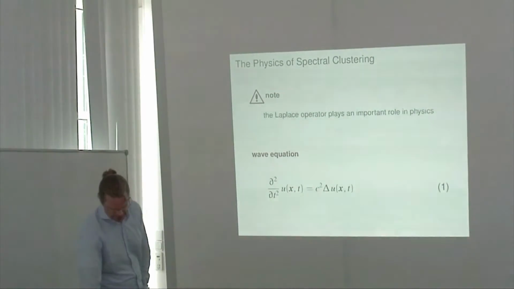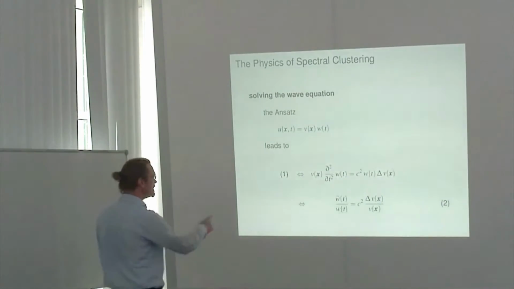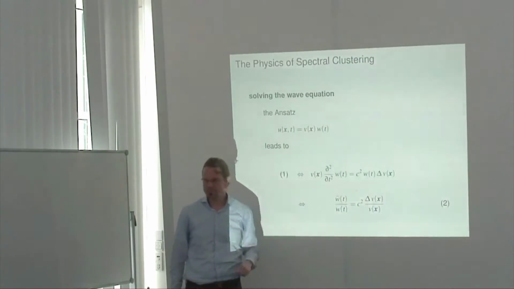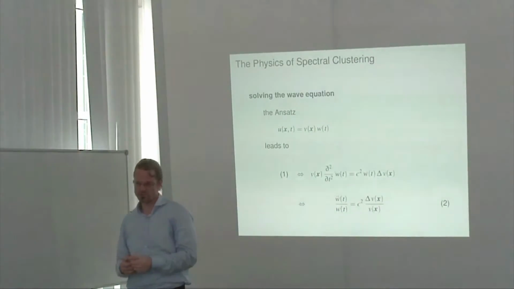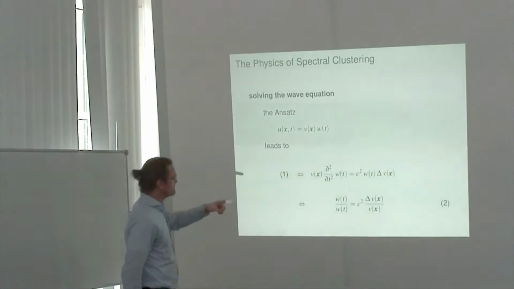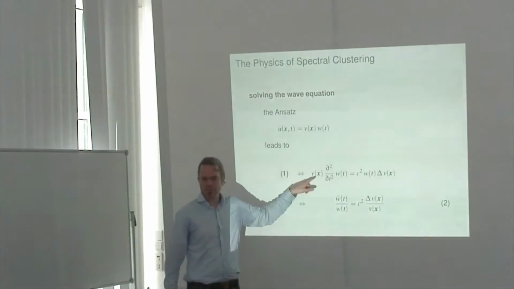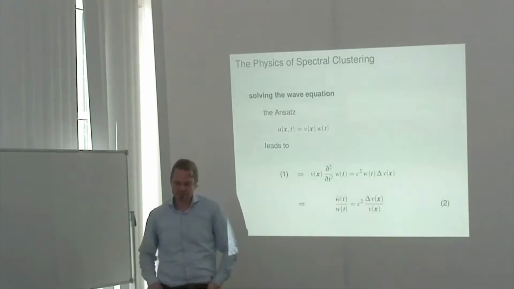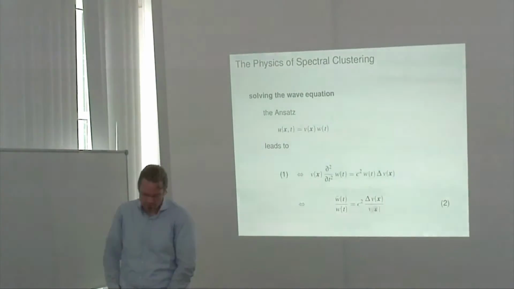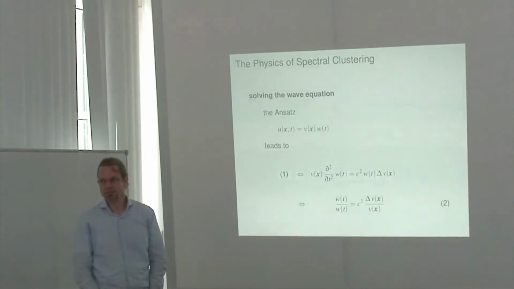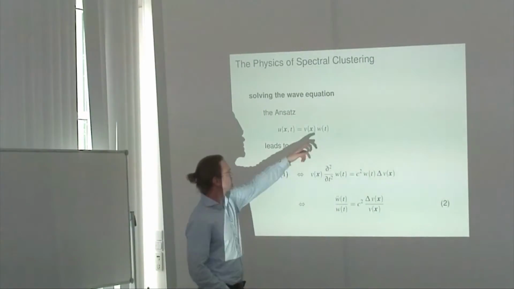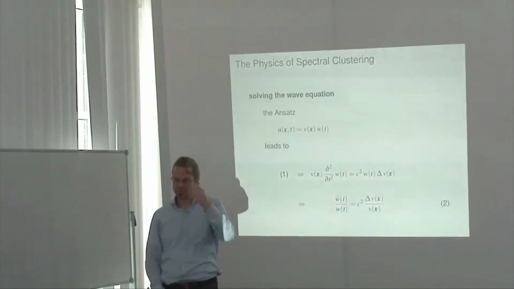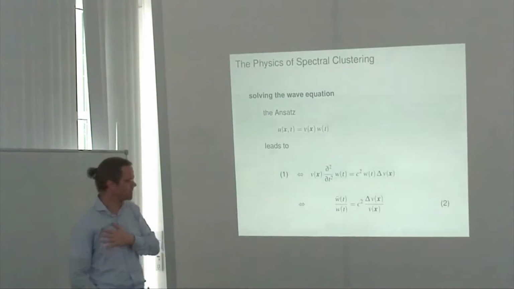So on the left hand side we have v of x times w of t, and we have to derive that twice with respect to time. v of x does not depend on time in our ansatz, right? So the left hand side becomes v of x times d2 dt squared of w of t, because in this form of the function only w depends on t.